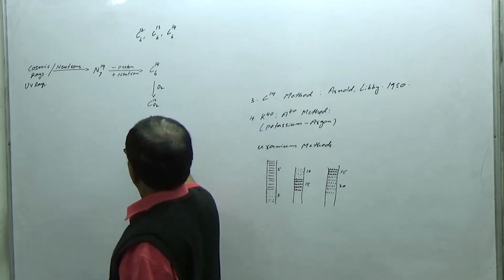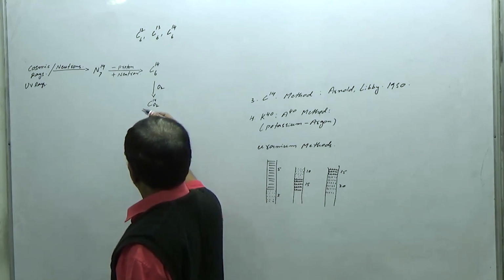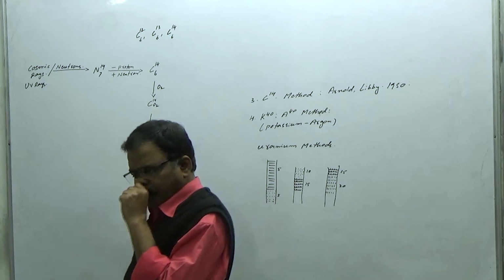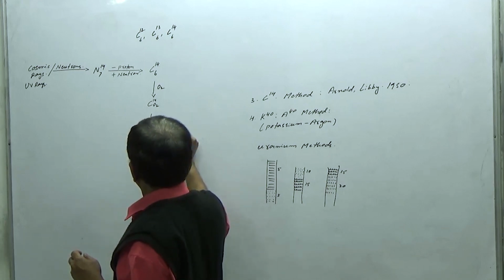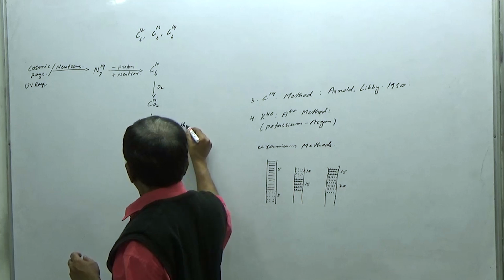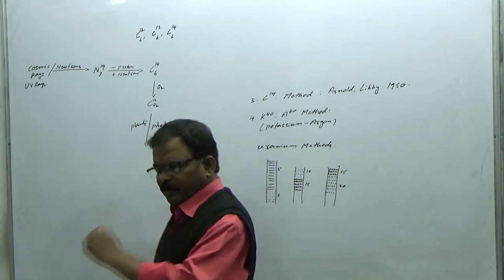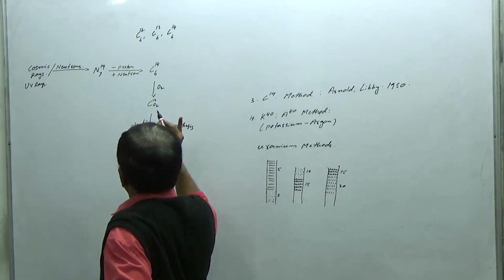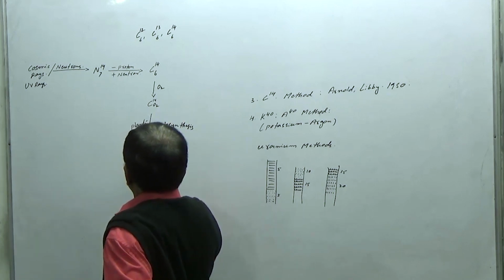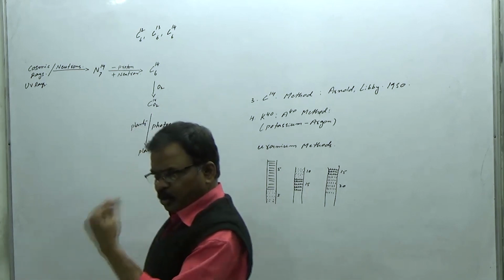Then plants utilize this C14 in photosynthesis. Through photosynthesis, C14 enters into the plants. These plants produce food material.